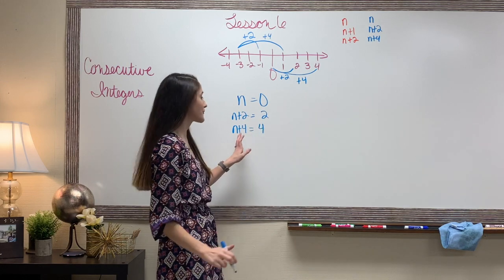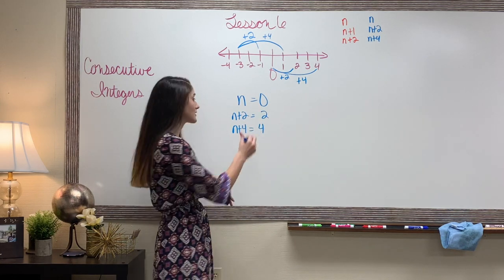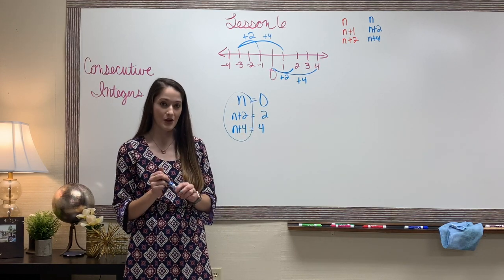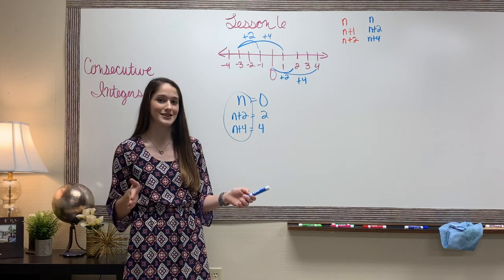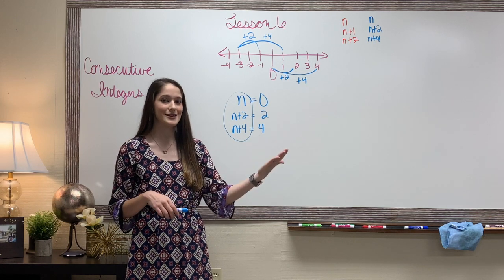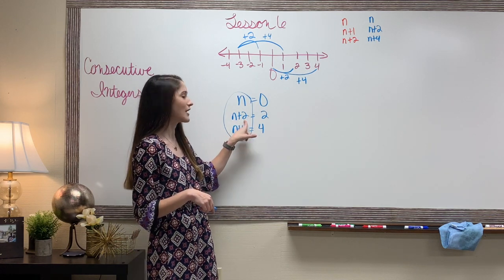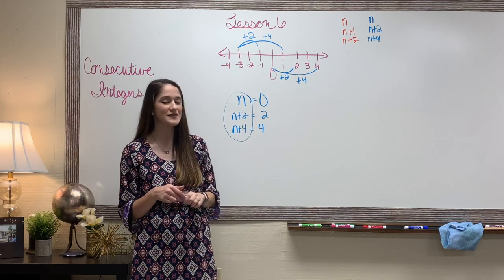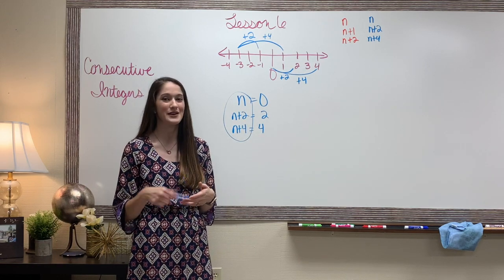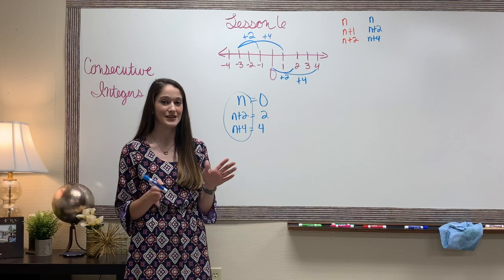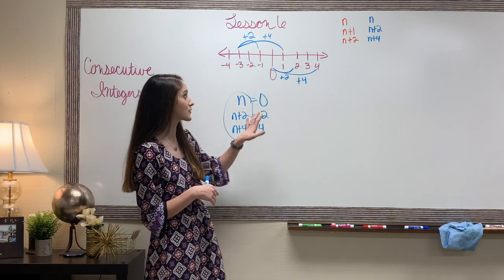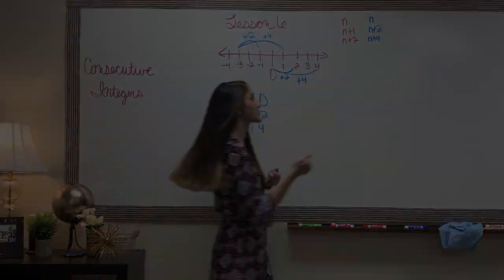So notice that for consecutive odd and consecutive even, we're using the same setup. Even though one is odd and the other is even, if we want consecutive, we have to go every other number. That's why this has to be n plus 2. And what I've often seen is n plus 1, n plus 3, and that's not going to get us consecutive odd integers. And so both of those require the same setup.